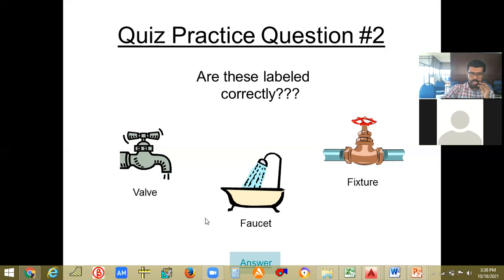No, that is not a faucet. Are these labeled correctly? You said that it is not labeled correctly. So we were dealing with what is a faucet, what is a valve, and what is a fixture.